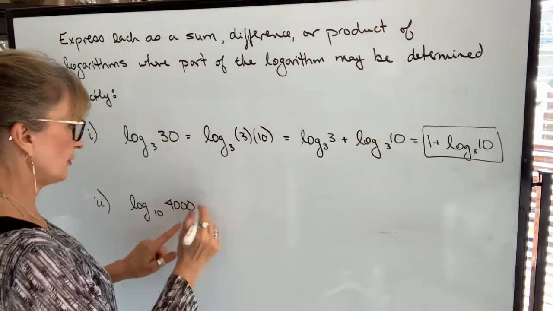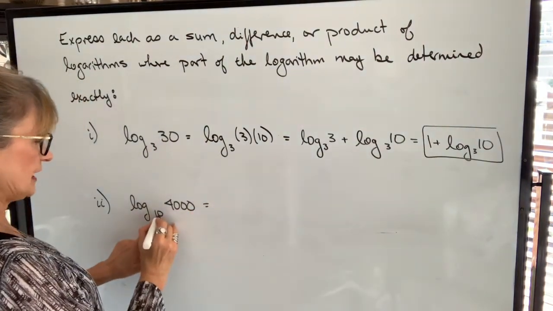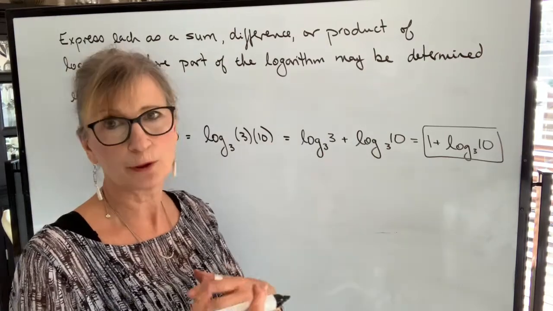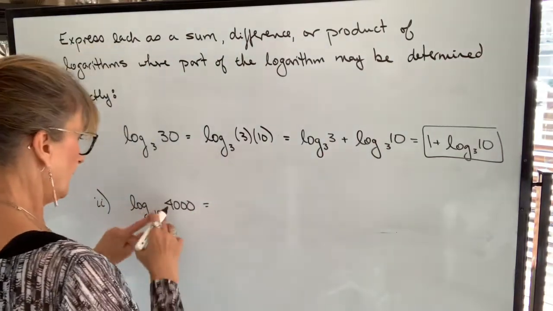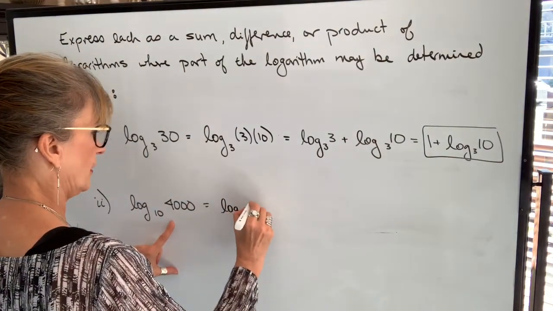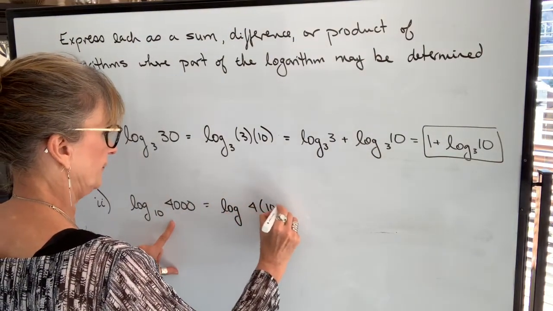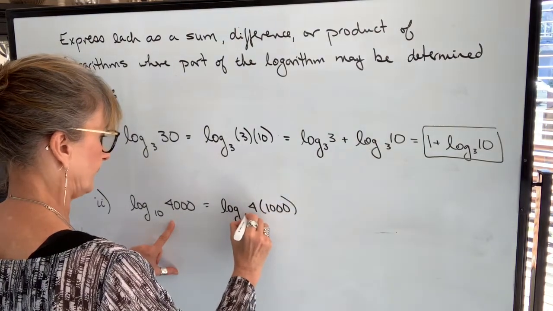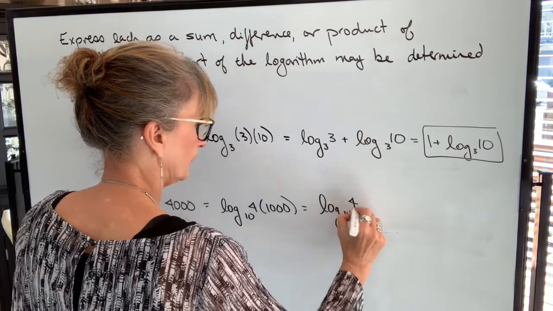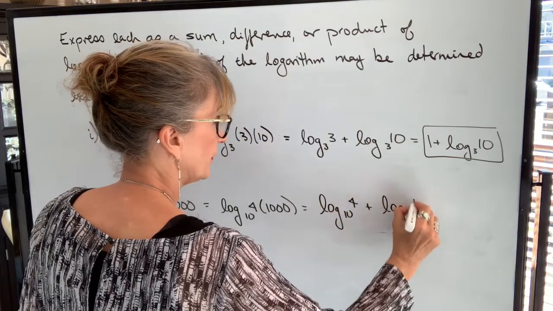The next example, same idea. Our base is 10, so how could we write 4,000 as a product or a power or a quotient where we have powers of 10 in there? We could write it as 4 times 1,000. So that will be the log of 4 plus the log of 1,000.